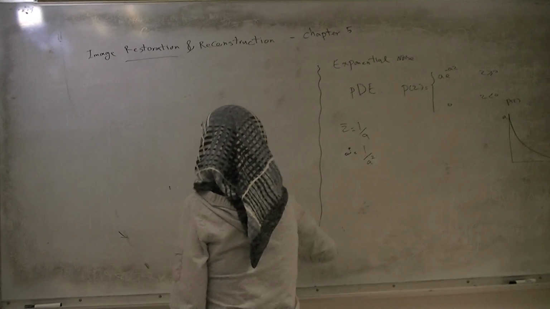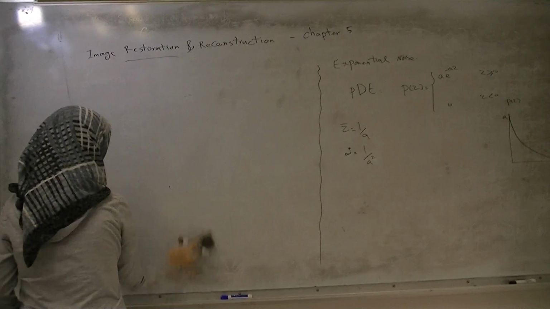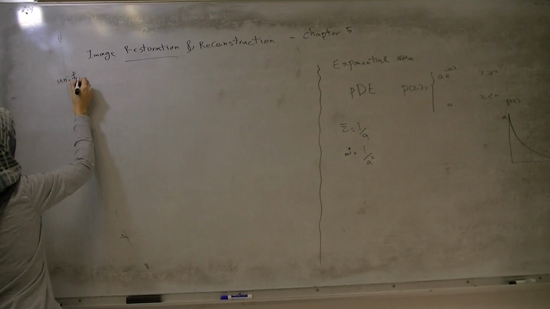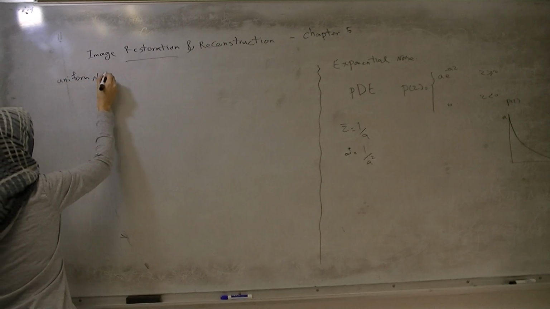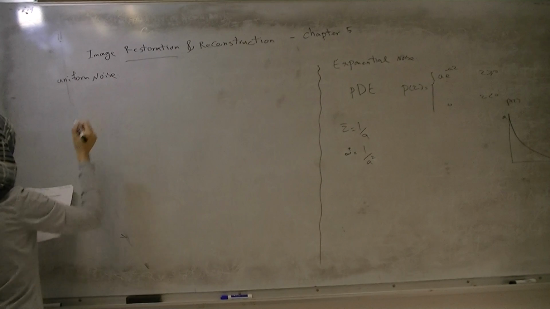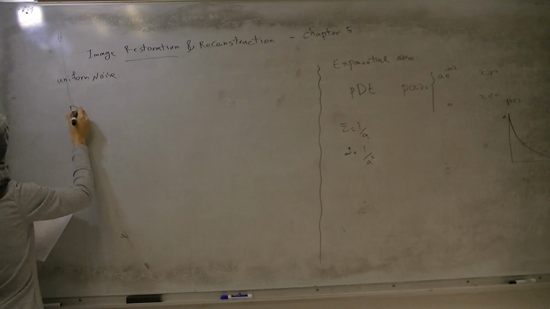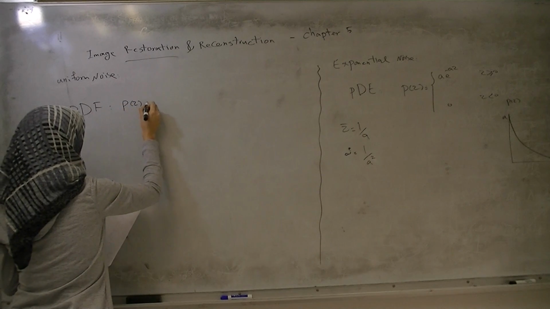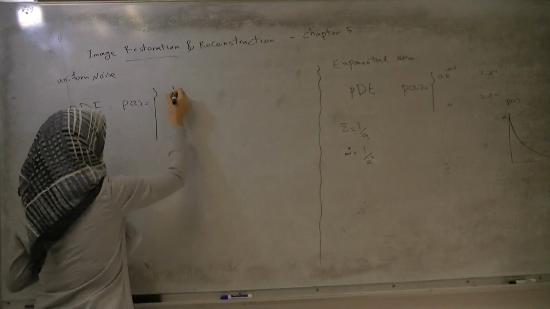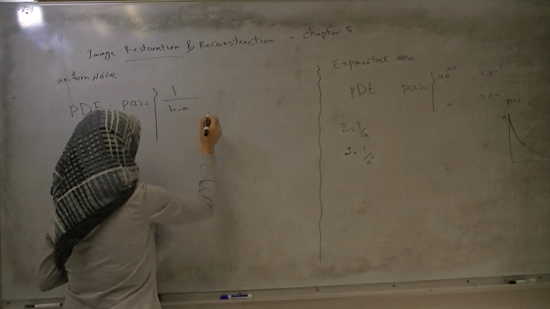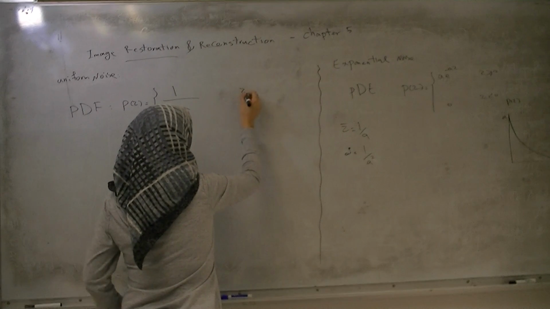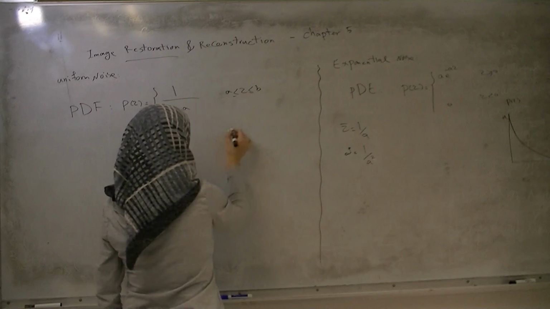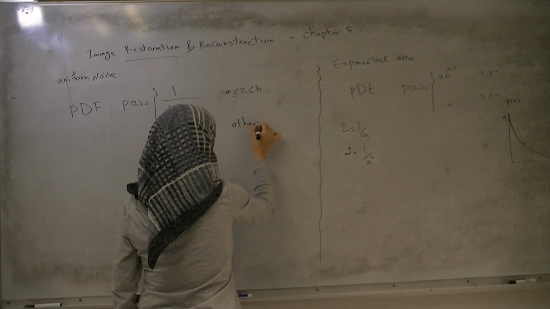The next noise is the uniform noise. It is defined as shown, zero otherwise.